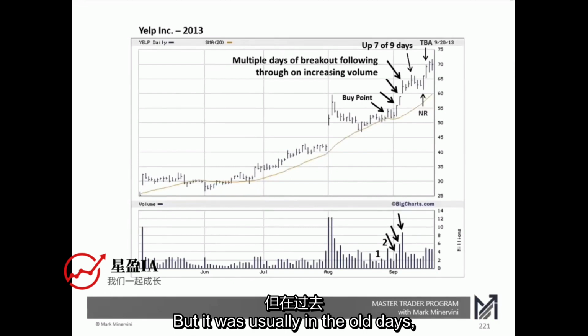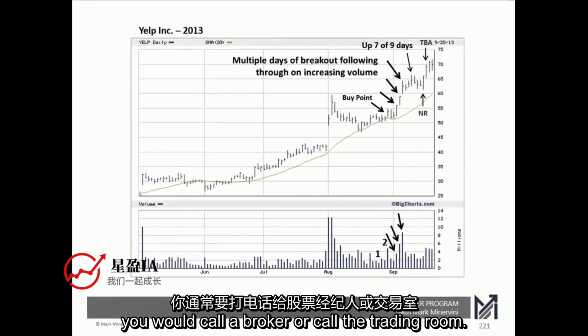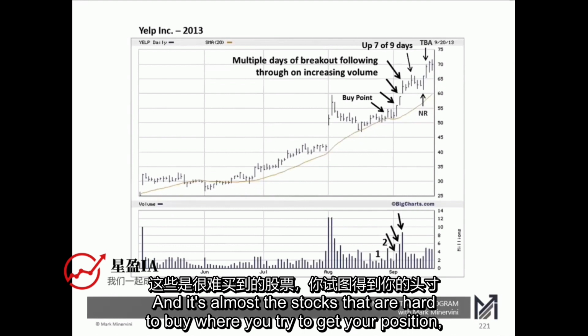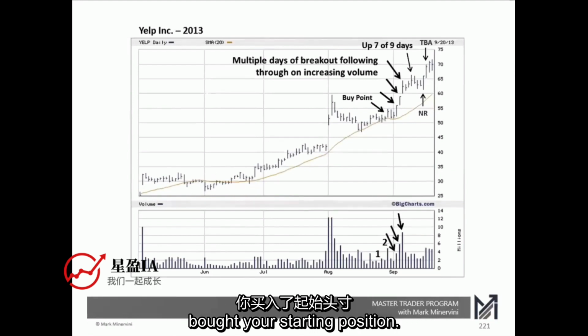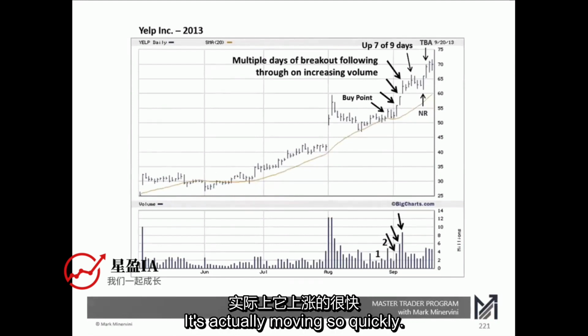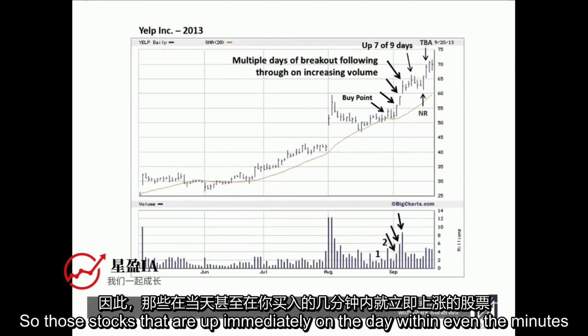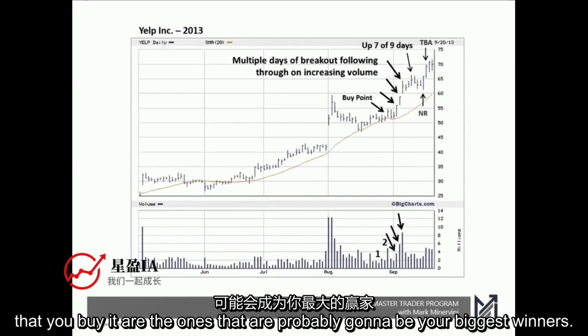But in the old days, you would call a broker or call the trading room, and by the time they gave you your price of execution, you were already up on the stock. And it's almost the stocks that are hard to buy, where you try to get your starting position bought, and it's moving so quickly it's almost hard to put on add-on buys. So it's those stocks that are up immediately on the day, within even the minutes that you buy it, that are probably going to be your biggest winners.